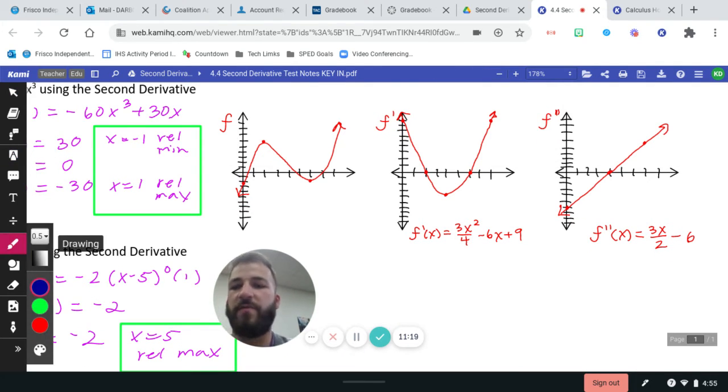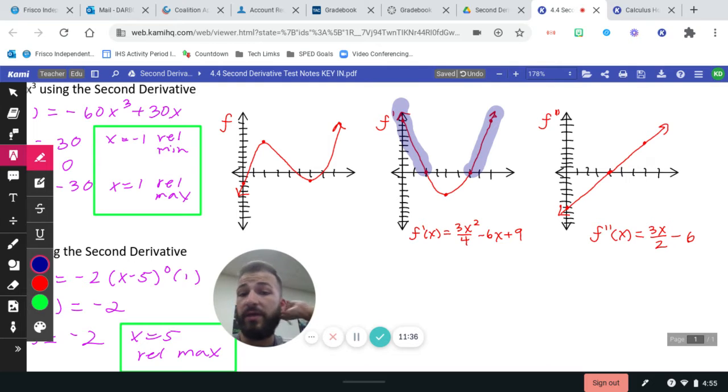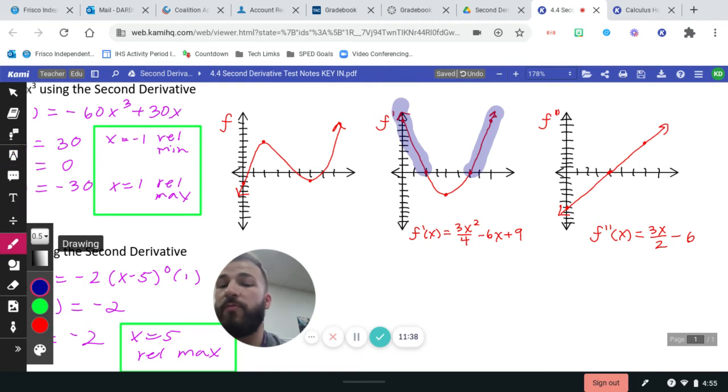So over on our f prime graph, we can see pretty clearly that from about 6 onward, our graph is positive, and from negative infinity up to 2, our graph is positive. Okay, so where f prime is positive, f is going to be increasing.